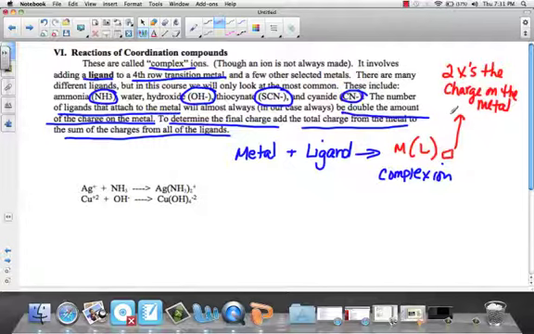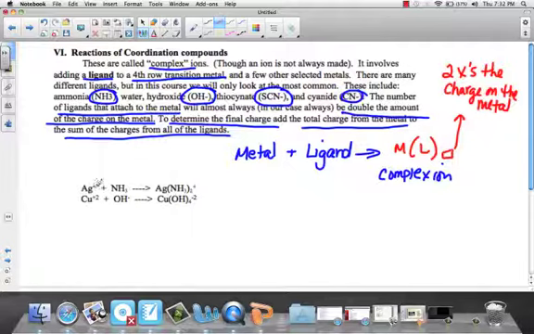So, let's look at an example. We've got silver plus ammonia. When we write this, we're going to write Ag(NH3)2. This 2 comes from twice the charge on the Ag+.